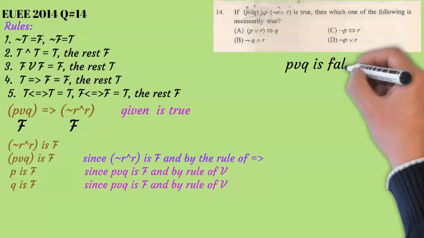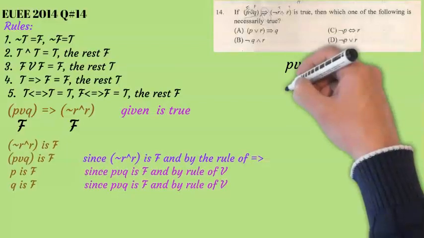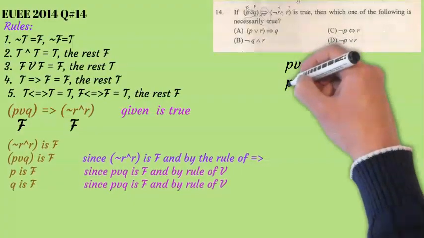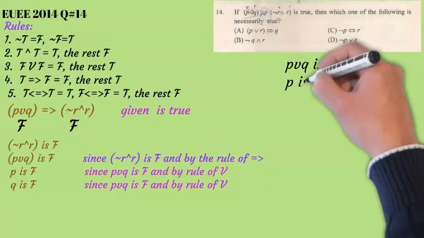So to recall, P or Q is false. If P or Q is false, then in the or statement, P is false. Q is also false.